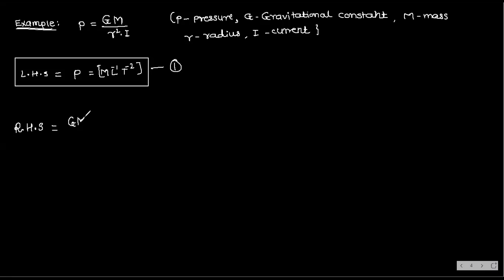Capital G, capital M by R square into I. So first I will find out the dimensions of this G. G is the gravitational constant. So its dimensions are what? Already we have found out. Can you see in the notebook?